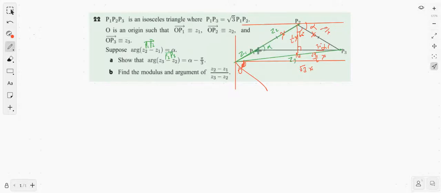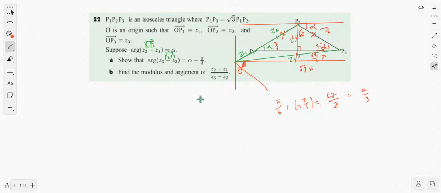And alpha, since we are measuring counterclockwise, is pi over 6. So we know that the difference between alpha and the argument of Z3 minus Z2 is pi over 3, because pi over 6 minus minus pi over 6 is 2 pi over 6, which is just pi over 3.